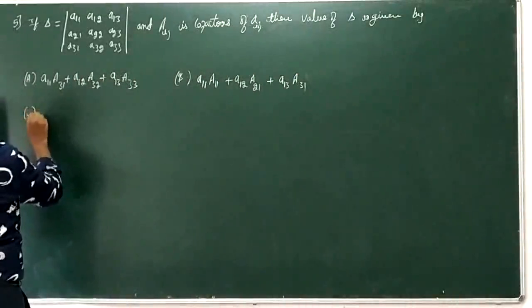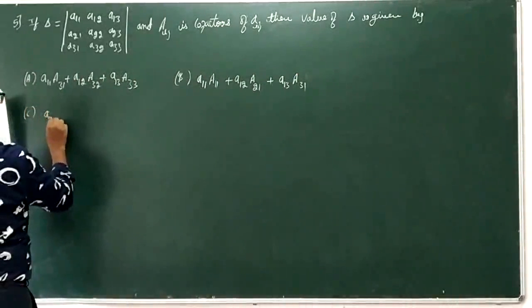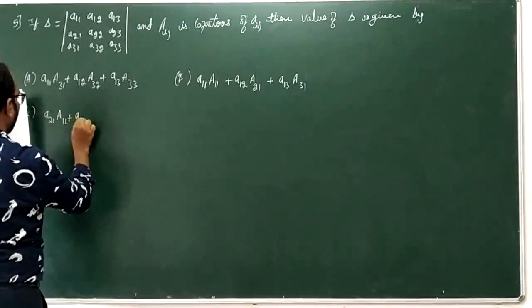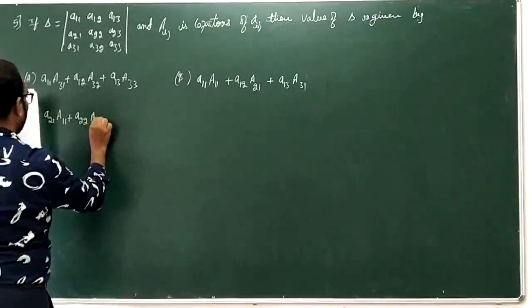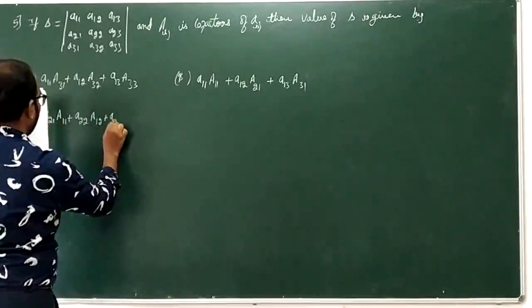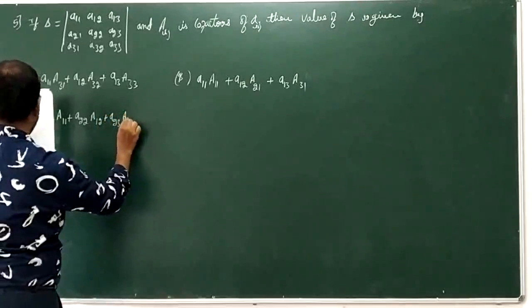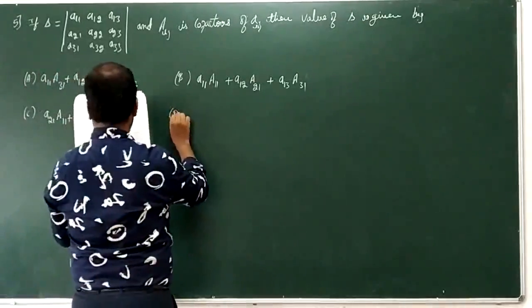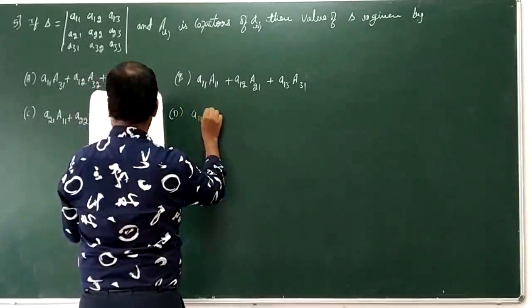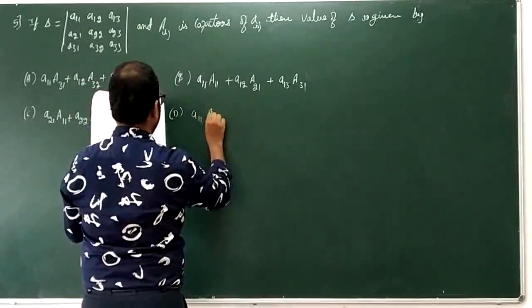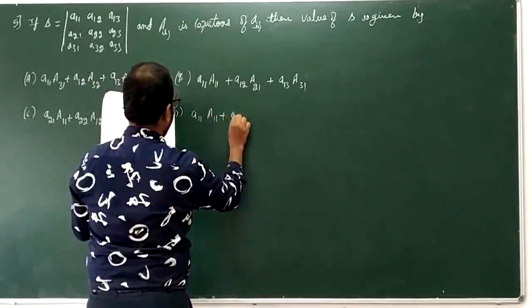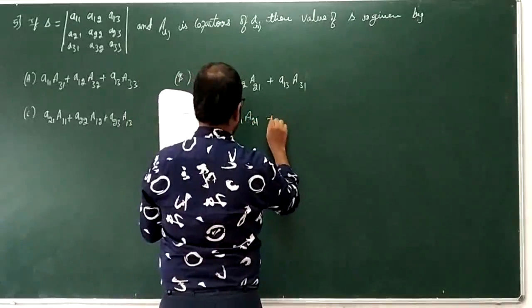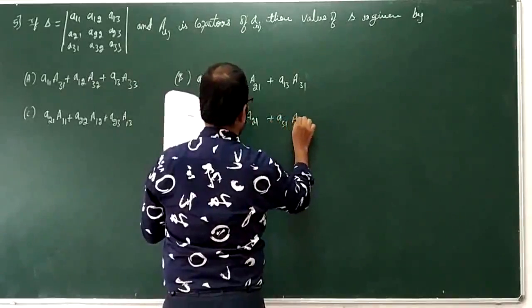The third option is a21 into cofactor of a11 plus a22 into cofactor of a12 plus a23 into cofactor of a13, and the last option is a11 into cofactor of a11 plus a21 into cofactor of a21 plus a31 into cofactor of a31.